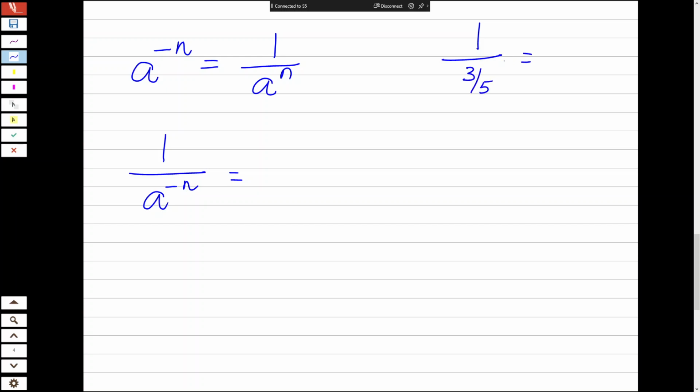Do you know what I get? Do you get 3 over 5? 3 to the power of 5? You flip the fraction upside down. Okay? So imagine a situation where I divide by 1 over a to the n. Now I need to flip this upside down. So I have a to the n divided by 1. That will just leave me with a to the n.